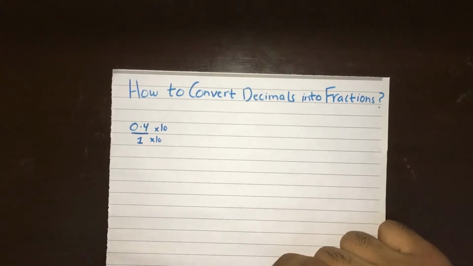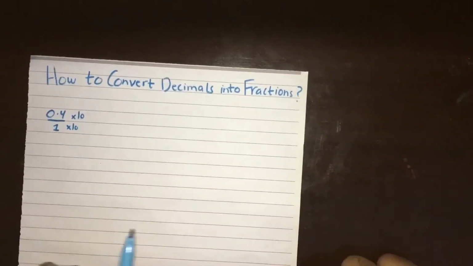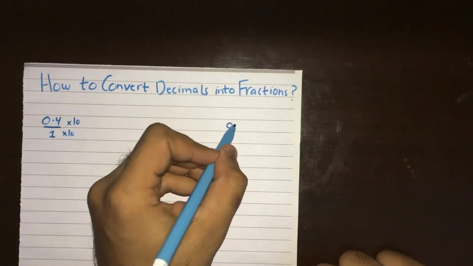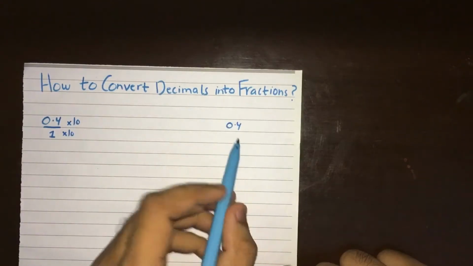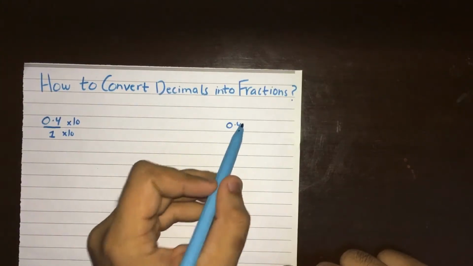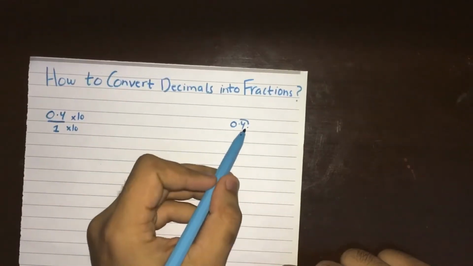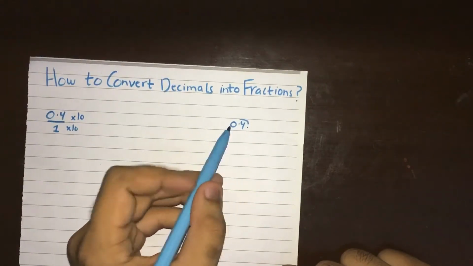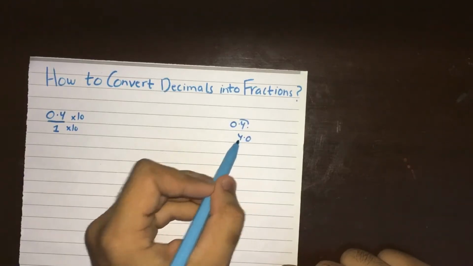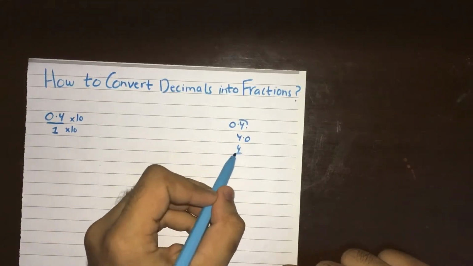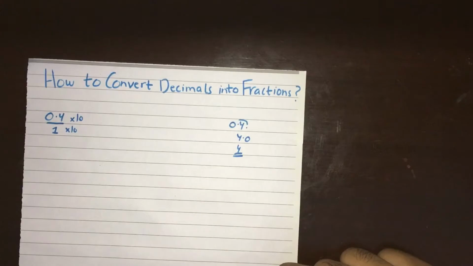Now, why multiply it by 10? Let's see here that if we write 0.4 and multiply it by 10, automatically the point moves one place ahead, which gives us 4.0, which means the answer is only 4.